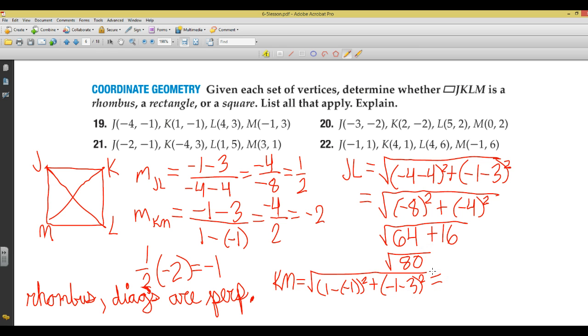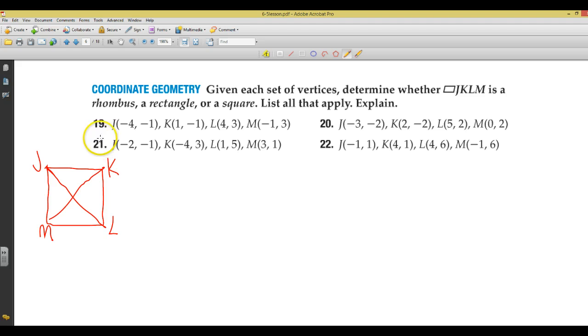So if I simplify that, I would get 1 plus 1, or 2 squared, and -1 minus 3, or -4 squared. And so I get the square root of 20. So obviously, square root of 80 and square root of 20 are not the same. So my diagonals are not congruent, which means that this would not be a rectangle or a square. It is simply a rhombus.